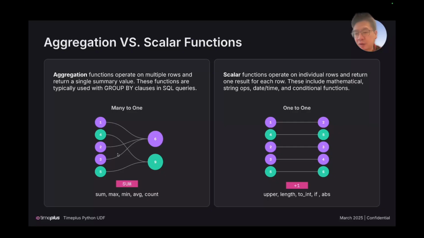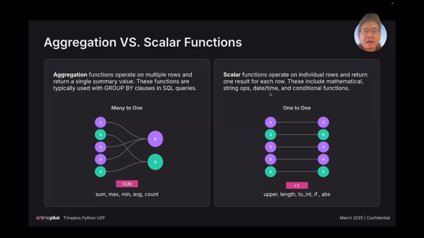If you want to run a sum operation on these input numbers grouped by colors, for the purple one, 1, 2, 3, we sum to 6. The 3 inputs become 1, and for the green one, 4 and 5 become 9. So an aggregation function is a many-to-one operation: several inputs to one output.